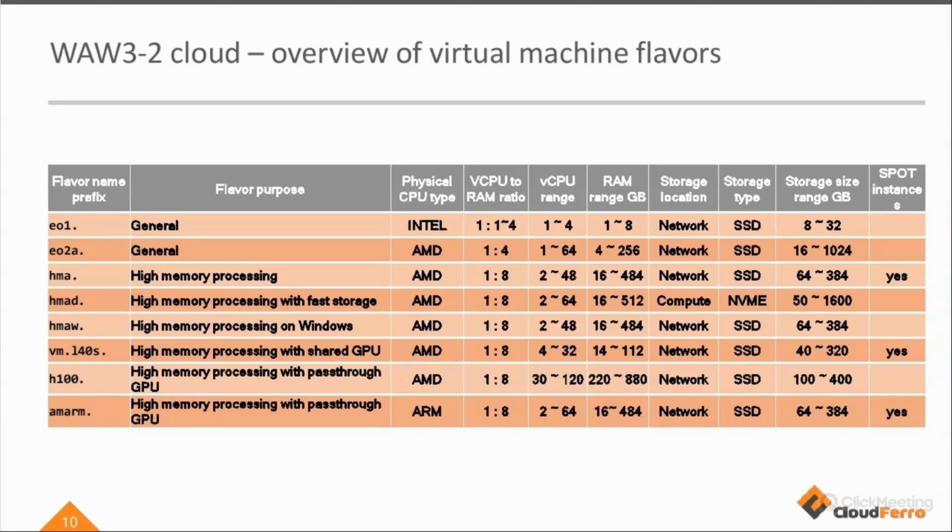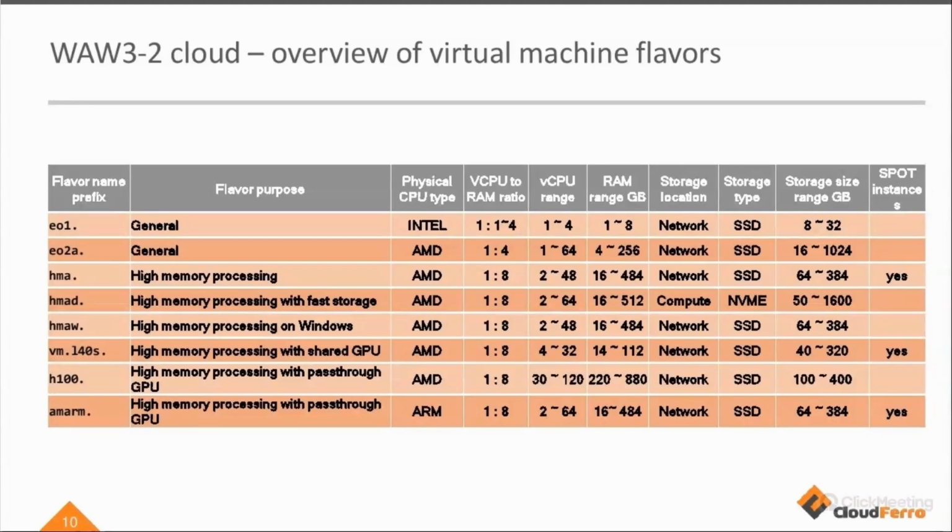As I mentioned on the previous slide, those virtual machines, those instances, are part of bigger servers, and we provide dedicated configurations named flavors in OpenStack. Such a flavor is just a set of parameters like the number of CPU cores available for the user, the type of processor used in the physical compute below the virtual machine, the amount of memory, the size of the system disk, or the type of system disk connected.